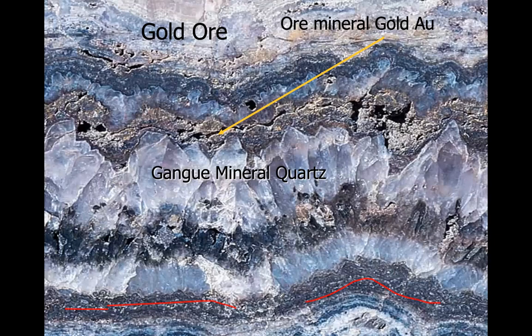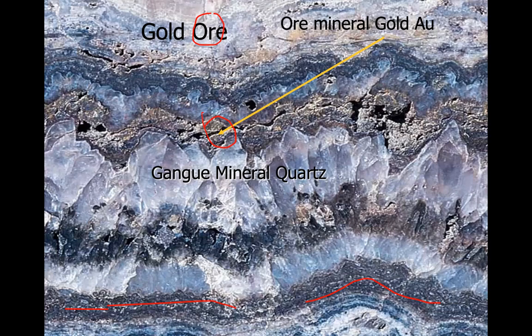So these mineral deposits or metals, the ore deposits that we are talking about, are found in between these layers, right? For example, here you can see some accumulation of gold. This is the ore mineral, which is gold.